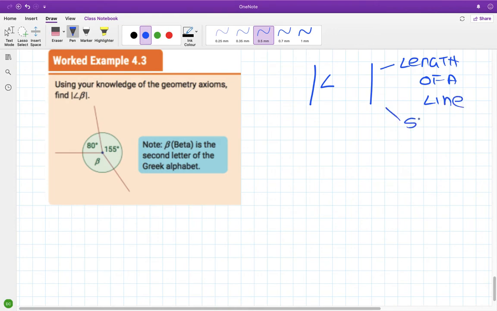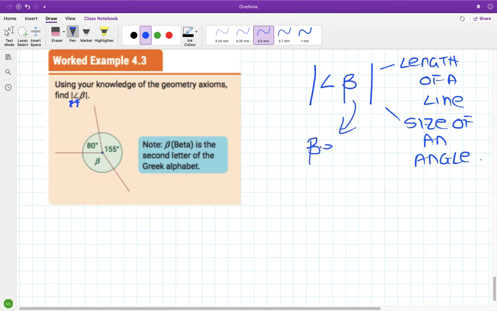They can also be used for the size of an angle. Okay, so using your knowledge of axioms, find, I read this bit as the size of the angle, and then this thing here is the Greek letter beta.